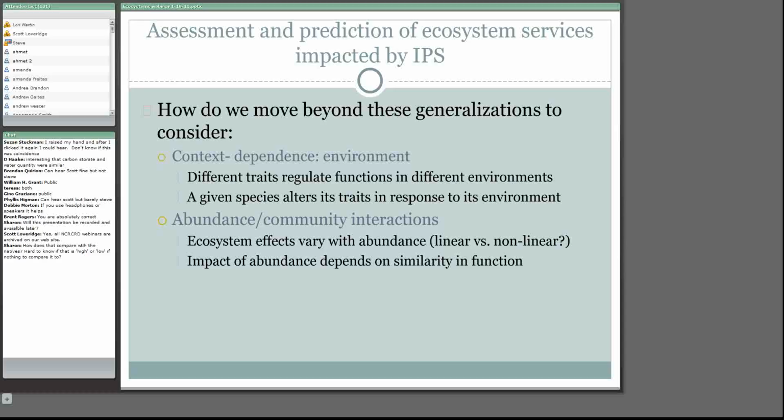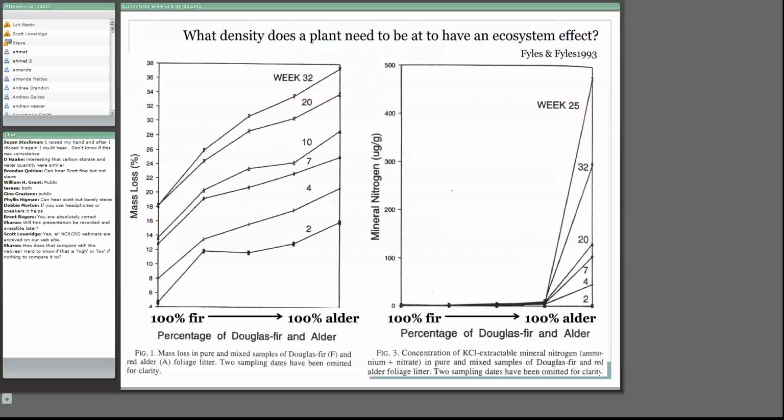So the question is, in this case, what density does a plant need to be at to have an ecosystem effect? In this case, looking at a forest system with fir and alder, on the mass loss, there appears to be an effect if we move to 100% alder.